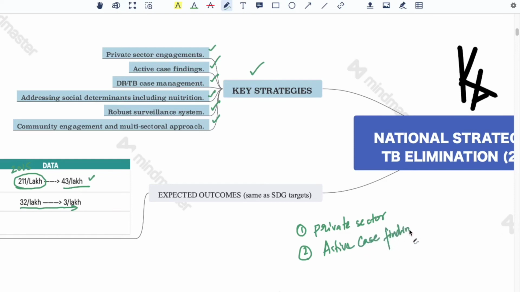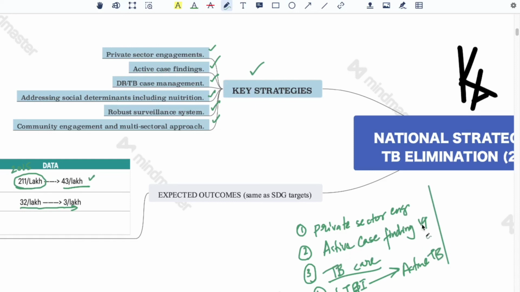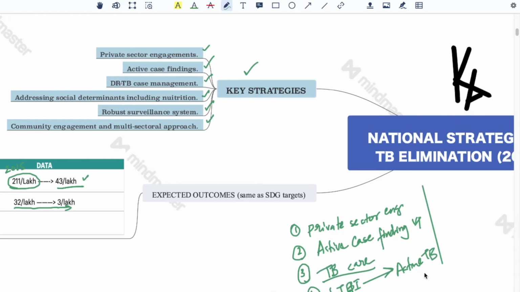These are the priority interventions: private sector engagement, active case finding among the vulnerable population, ensuring efficient TB care, and the fourth one is preventing latent TB infection from progressing into active TB cases in high-risk groups.